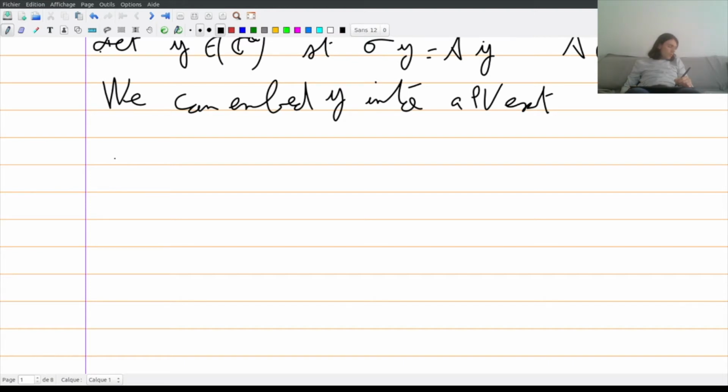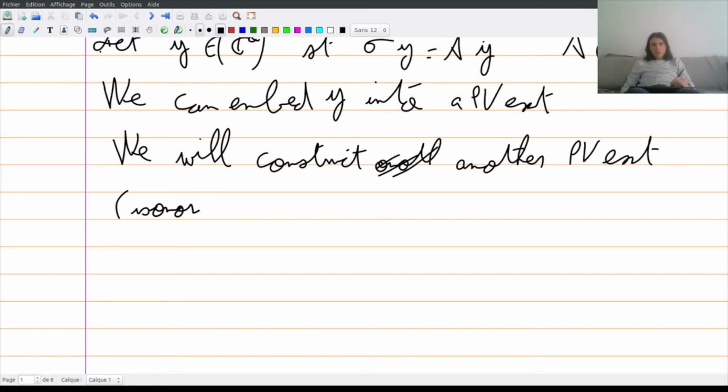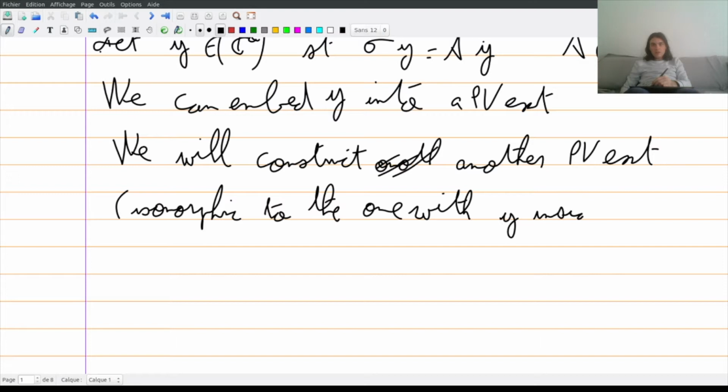We'll consider an abstract Picard extension, which will be isomorphic to the one with y inside. So I remind you that two Picard extensions are isomorphic.